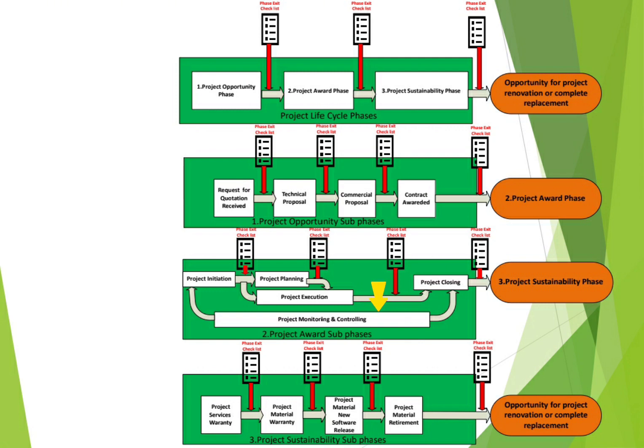At the end of the project execution, we have the phase exit checklist, where you need to have a signed factory acceptance report, an approved design document, signed site acceptance test reports. All the invoices are paid up to the completion of the testing and commissioning. All of these are the phase exit.